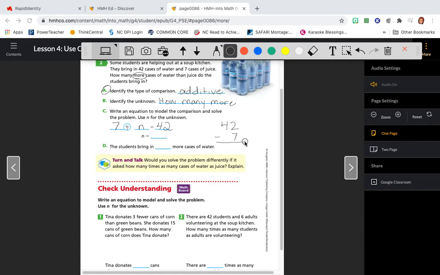Well, we can't take 7 from 2, so we need to regroup, make that a 12. 12 take away 7 is 5, and then 3 take away nothing is 3. So we have 35. So we have 35 more cases of water than we do juice.